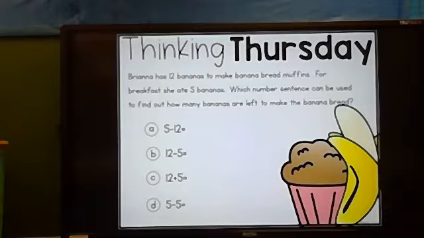Remember, it's not just the answer I'm looking for, it's your mathematical thinking that you're going to share as well, to tell me why you think the number sentence you chose is the correct number sentence to help you solve how many bananas are left to make the banana bread.